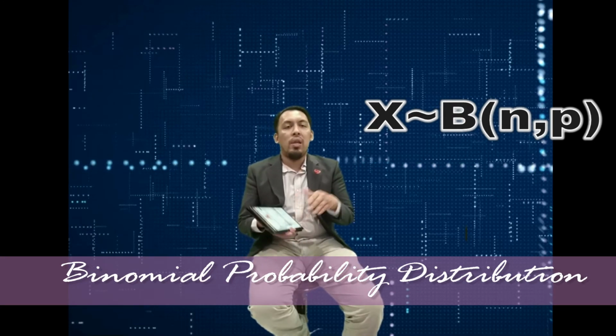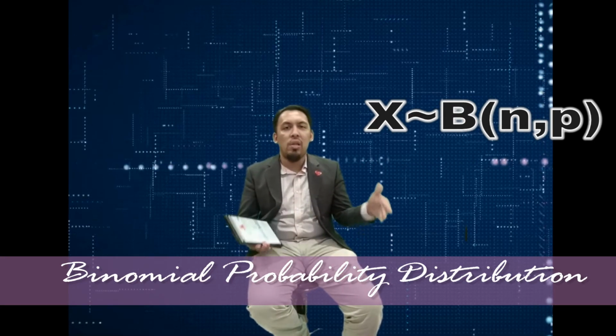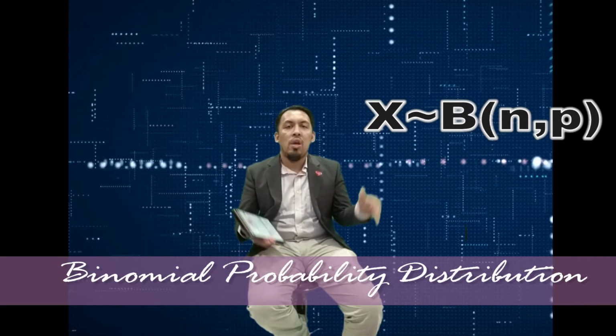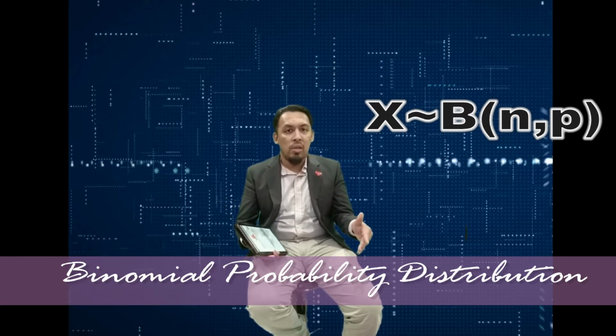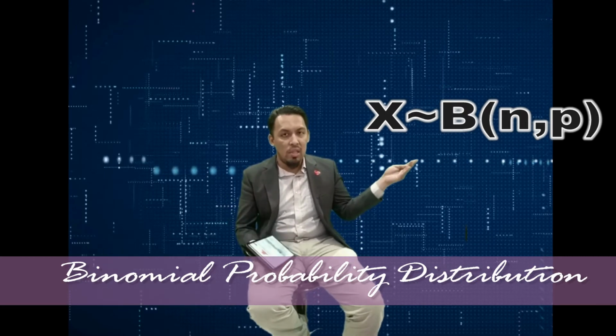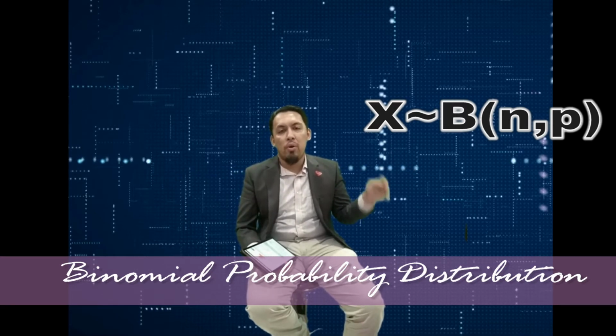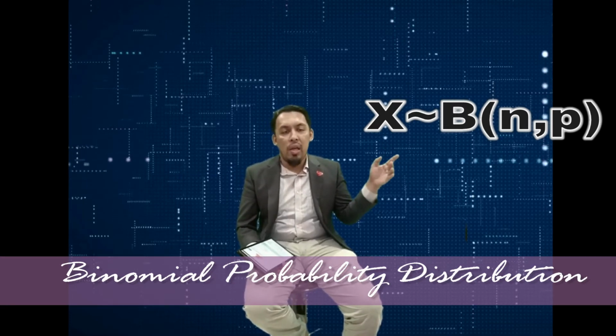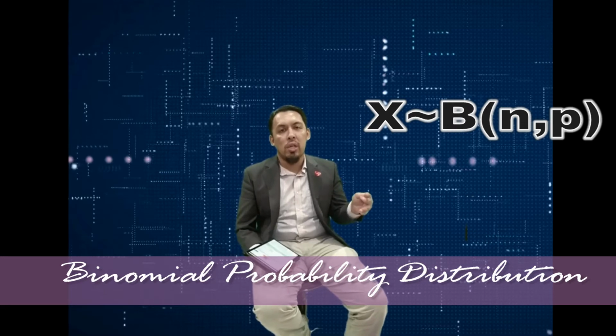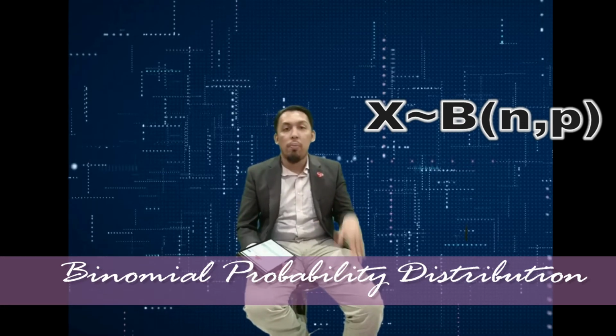You can write it in a sentence, but usually in statistics and mathematics, we put it in an expression, and this is the expression for binomial. Capital X follows B, for binomial.